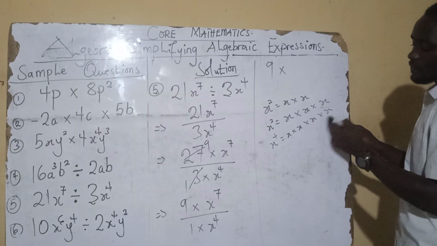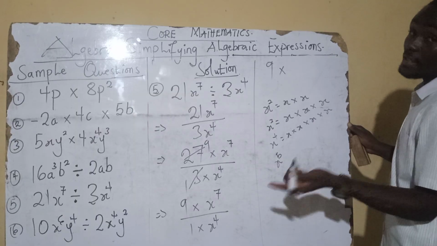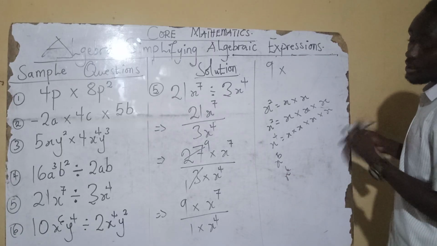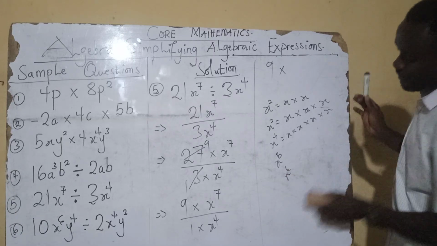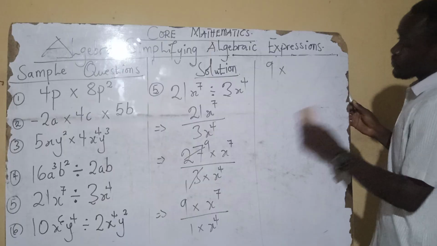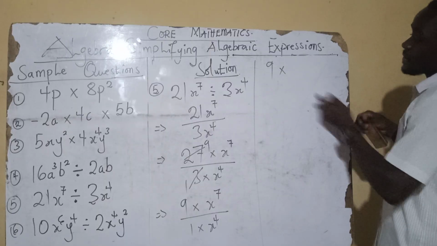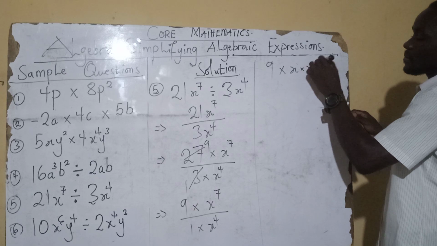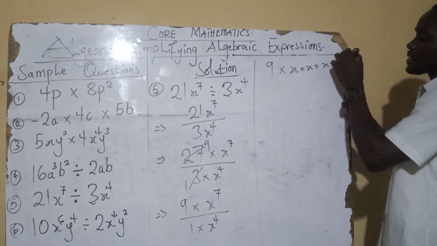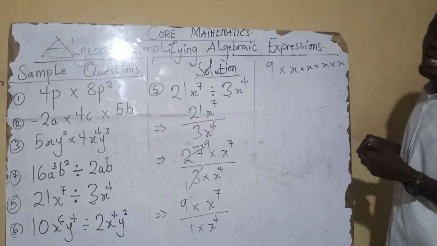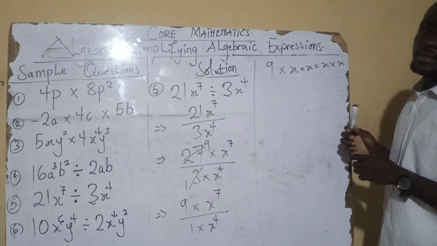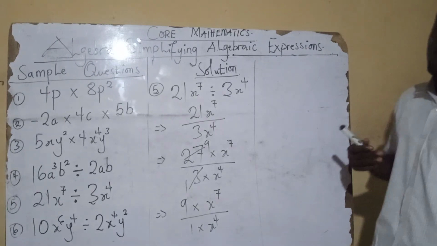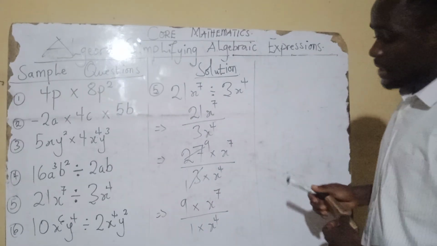So x⁵, you can imagine how many x's we are going to get. x⁶, you can also imagine that. Are you with me? Very good. So x⁷ is x multiplying x seven times. Seven solid times. Are you following? We want to make sure that the problem becomes easier.